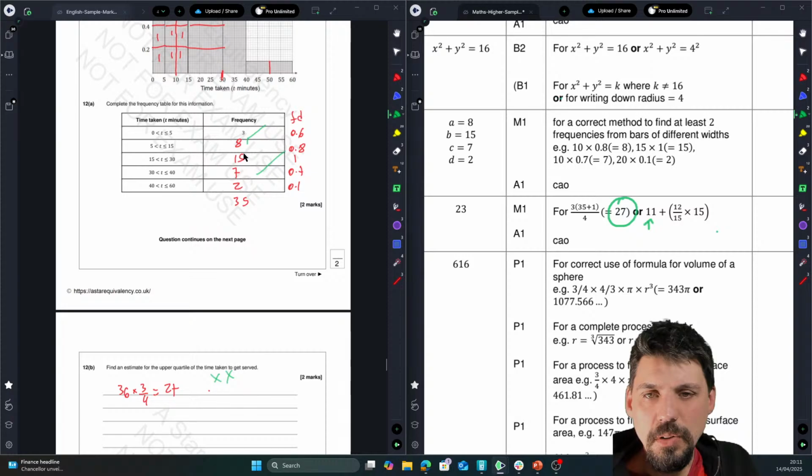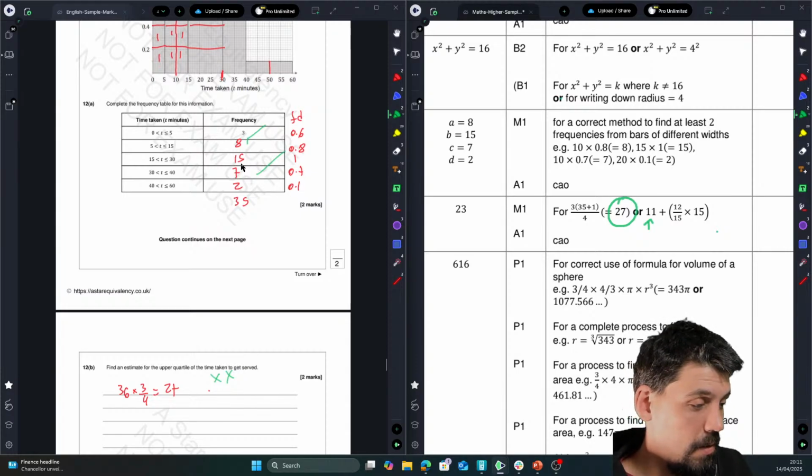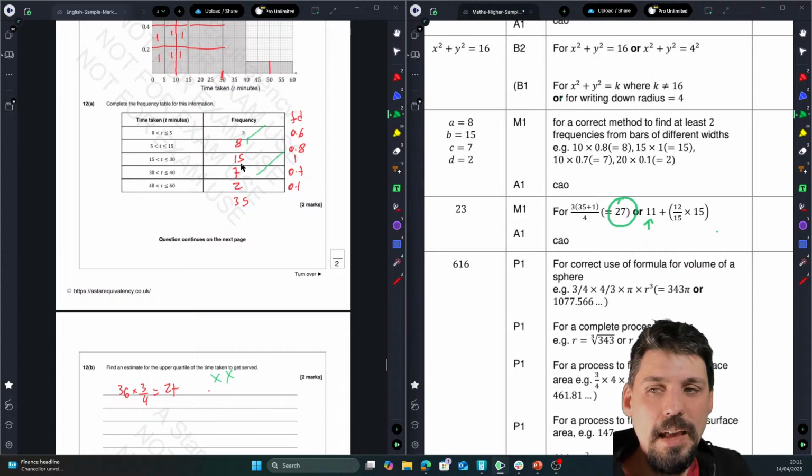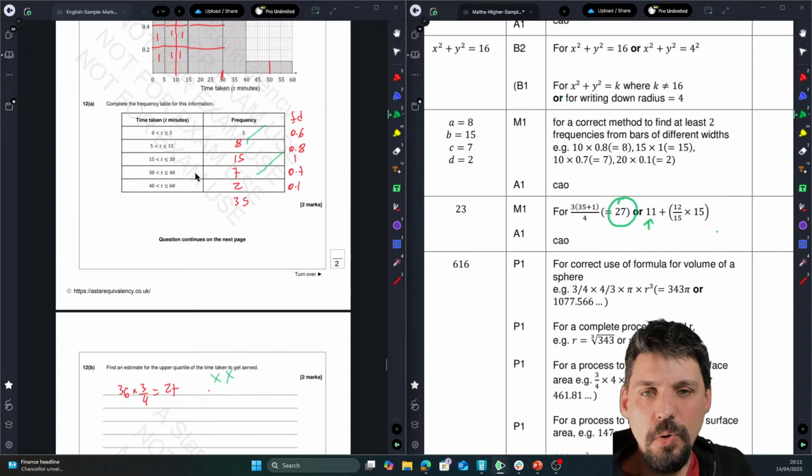This is just mental. Another 15 bits of data, and 11 plus 15. I'm just going to double check on the calculator, which is 26, right? That hasn't changed. So you want one bit of data in that 30 to 40 group because it's the upper quartile.